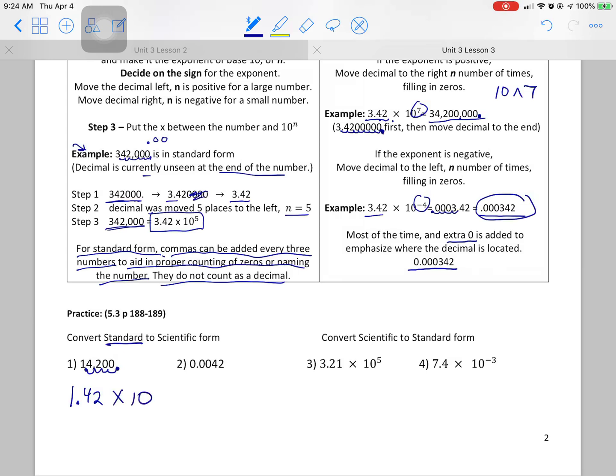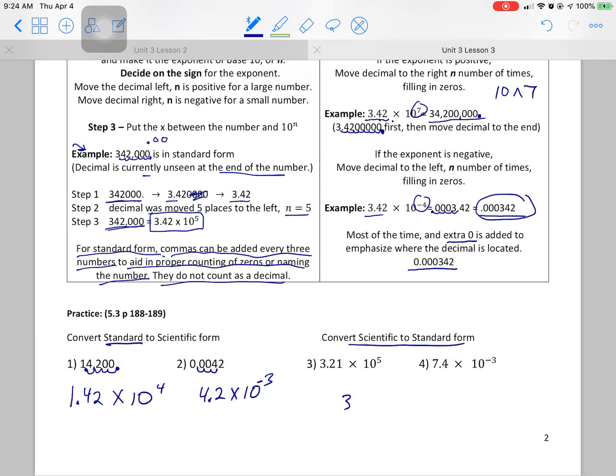I went 1, 2, 3, 4, and it was a big number, so I'm going to leave it positive. Okay? This one over here, 1, 2, 3, 4.2 times 10 to the 3rd, but it was a little tiny number, so it was 10 to the negative 3rd. I'm not good with the right or left. If you can remember that, great, but I just kind of went big number, positive, little number, negative, okay?